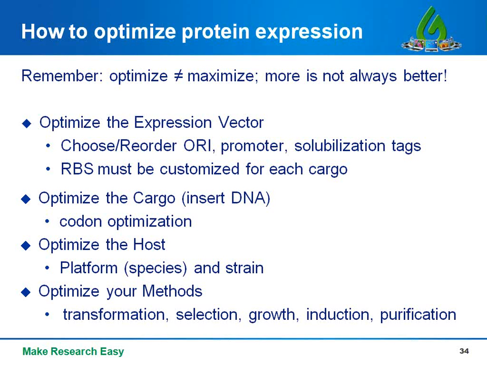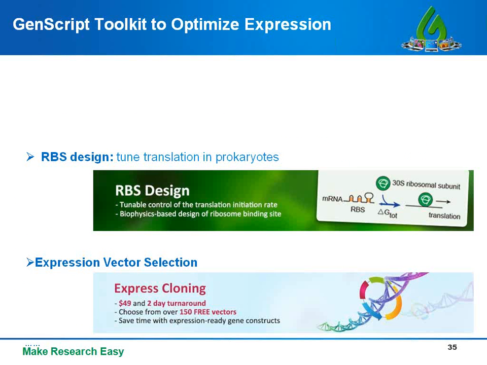So you might recall that I showed our in-house protein scientists often try expressing protein complexes or difficult proteins in 3 different systems, in E. coli, mammalian, and insect, and then see which one works best and go forward with that. And then, of course, you can optimize your methods for transformation, selection, growth, induction, purification. There are many different variables that are in your hands.